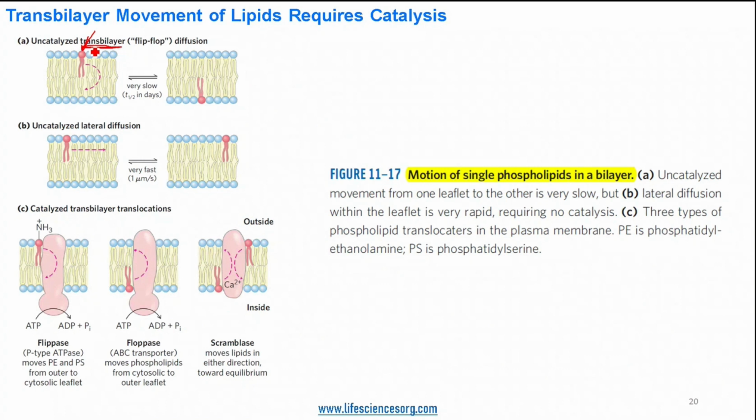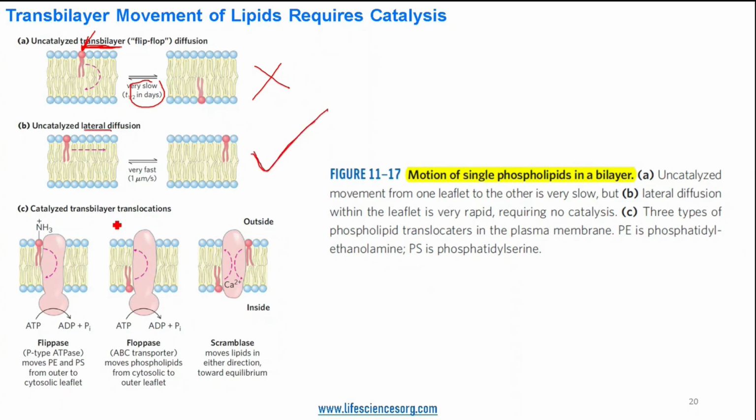This diffusion is actually a very slow process. Usually in the cell membrane, the transbilayer diffusion does not occur. It's a very slow process, but the phospholipid can move next to next in the membrane, and this is called lateral diffusion. This is easily possible, and this happens in the cell.